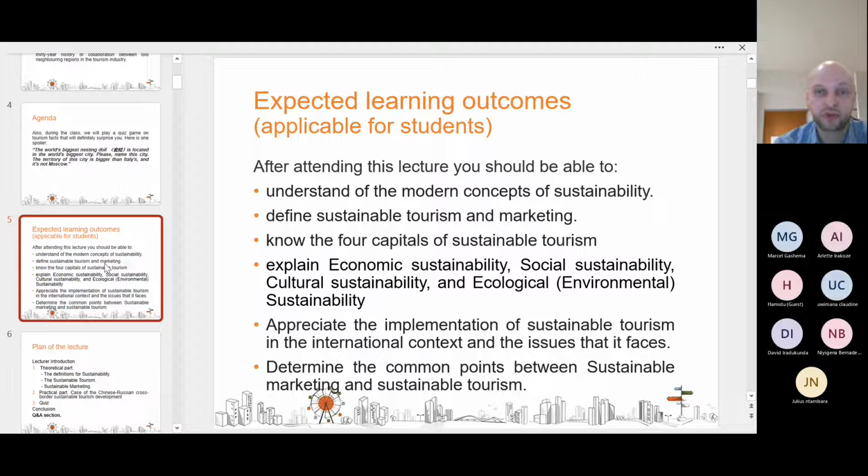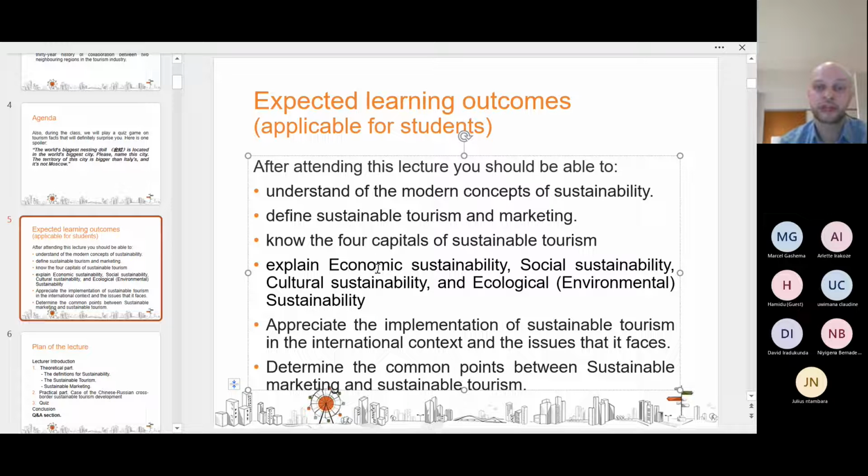To understand what sustainable marketing is, we need to review the definition of marketing and the concepts of marketing that a company can use. Then you should know the 4 capitals of sustainable tourism: economic sustainability, social sustainability, cultural, and ecological.